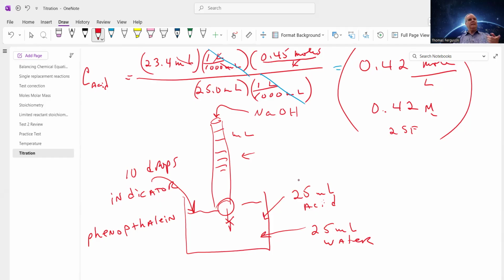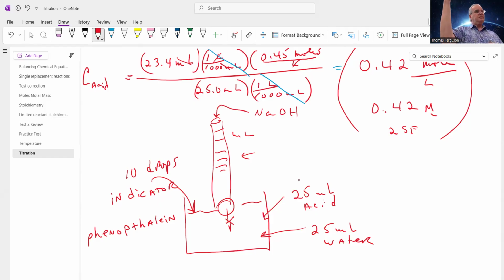So when you fill your burette, 0 is at top, 50 is at the bottom. Normally you don't read from the top to 0, you read 0 from the bottom, right? Except for two things, pipettes and burettes. Burettes you read from the top downward, because it's measuring how much volume is being delivered.